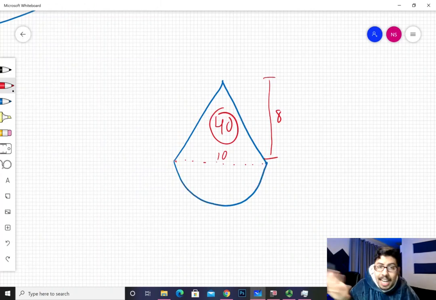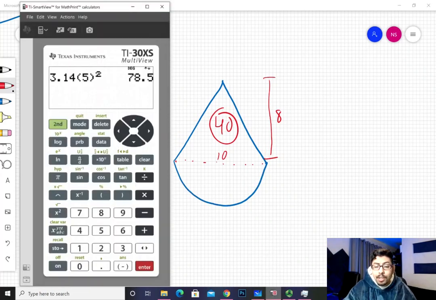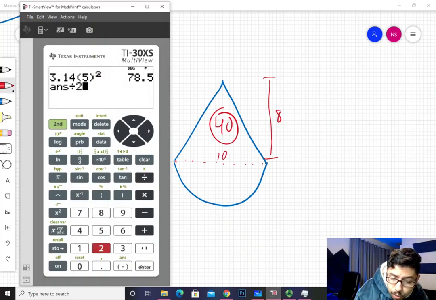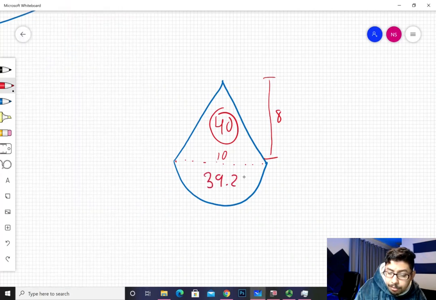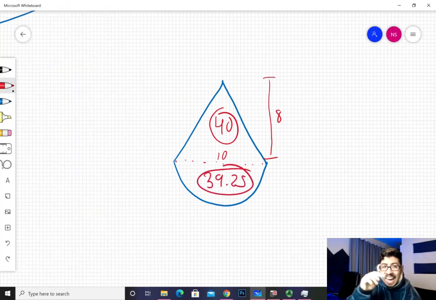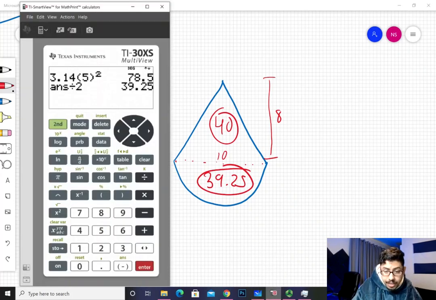They specifically give us half a circle. So what do you got to do? You got to cut this in half. What does that mean? That just means dividing by 2. So that would technically be 39.25, the area of that half circle. So be wary of that, okay?